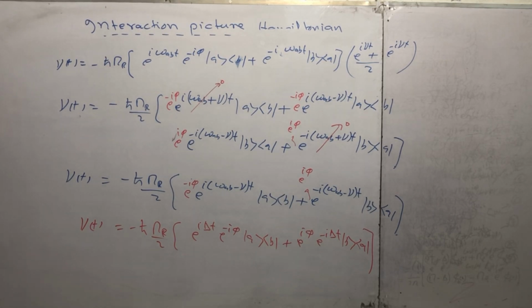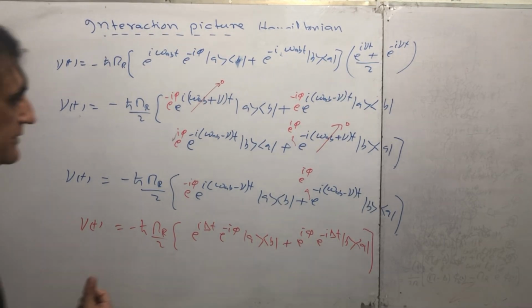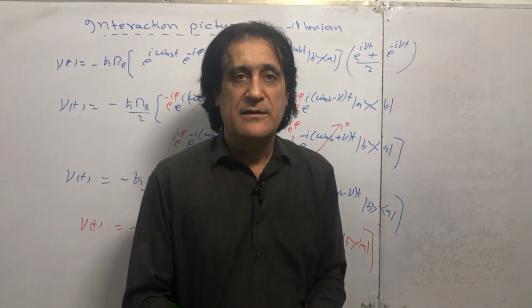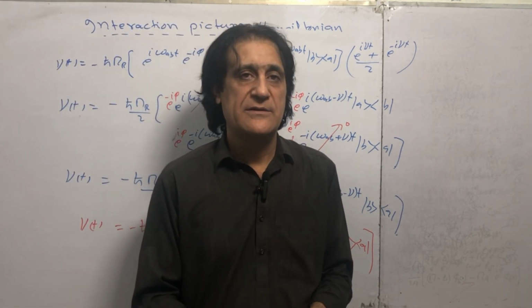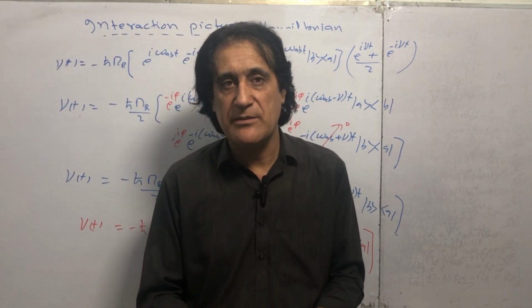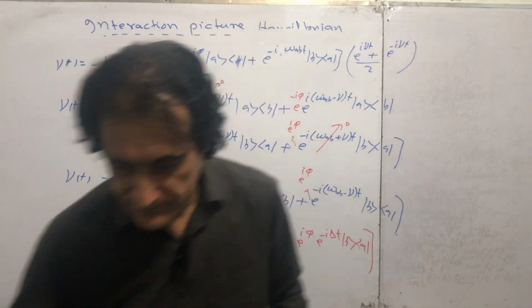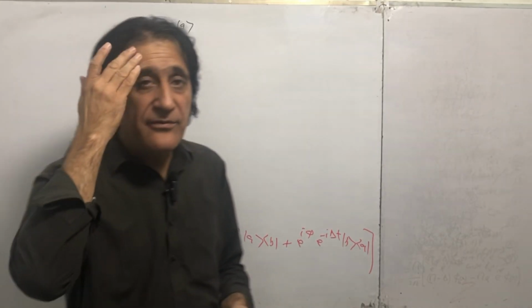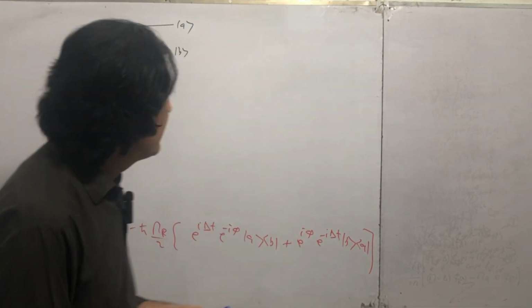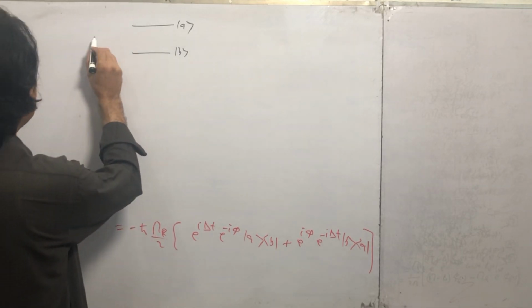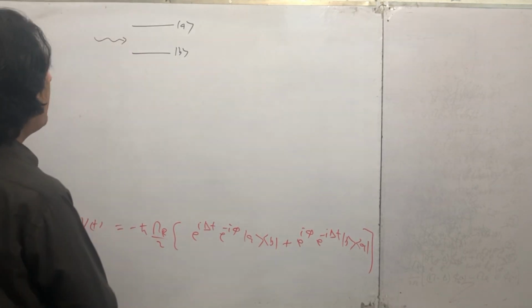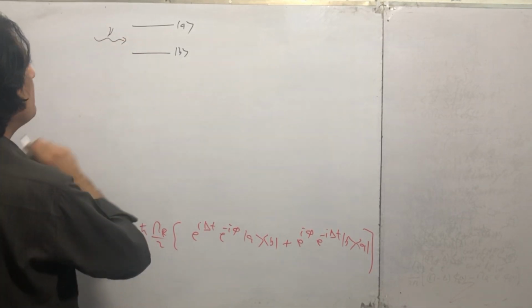Now, how do we write directly the interaction picture Hamiltonian for a different system? Let's see. Suppose we have a two-level system, and this two-level system is interacting with a field of frequency nu.